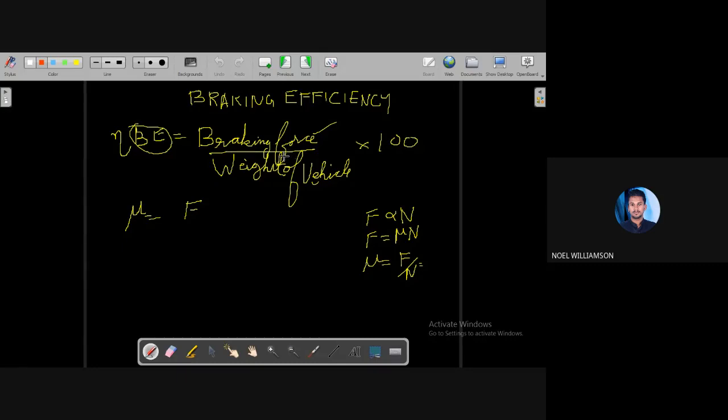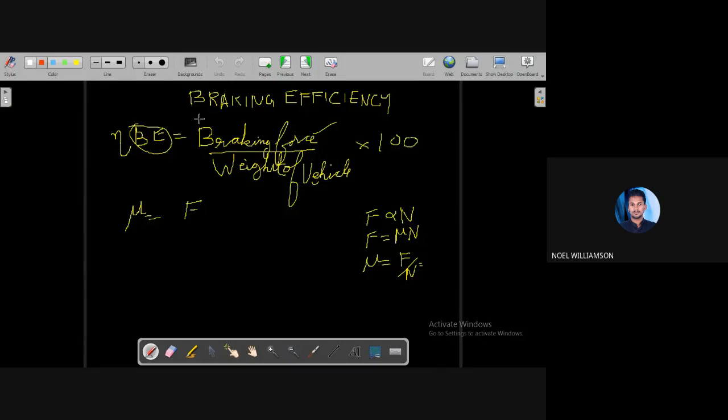Practically 100% is impossible, but if the braking system is 100% efficient, the braking force should be equal to the weight of the vehicle. In that case, we may say that the braking efficiency is 100%.